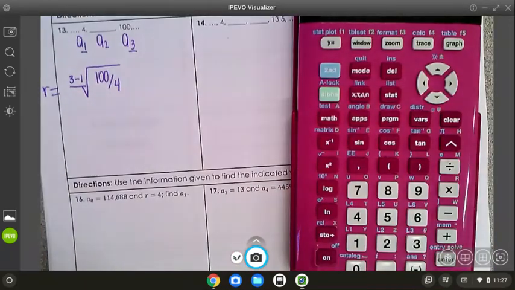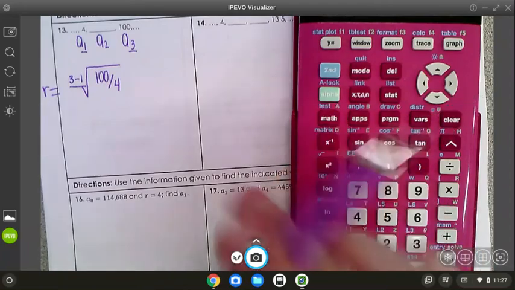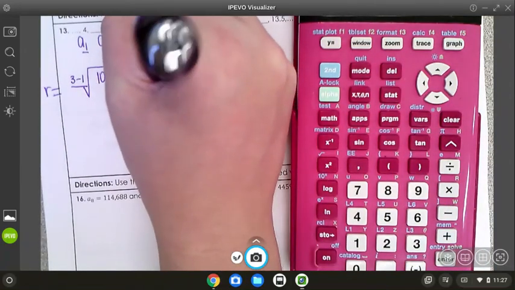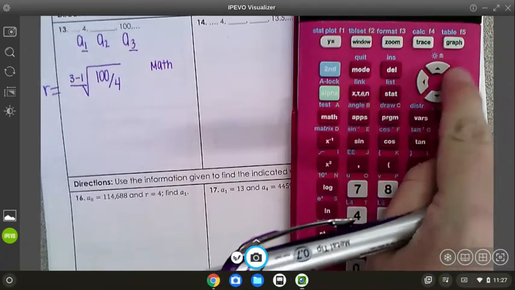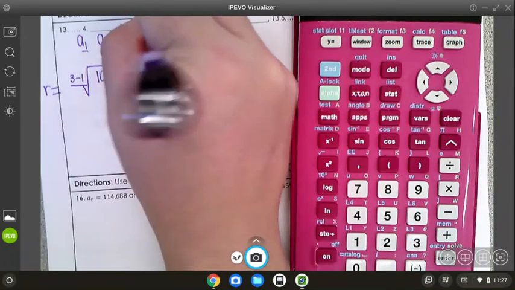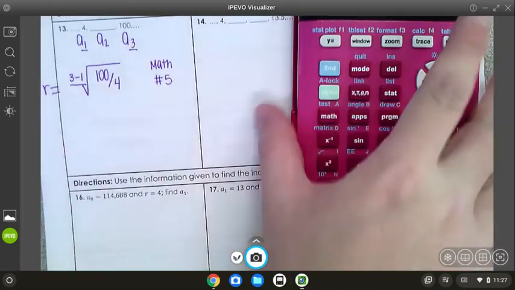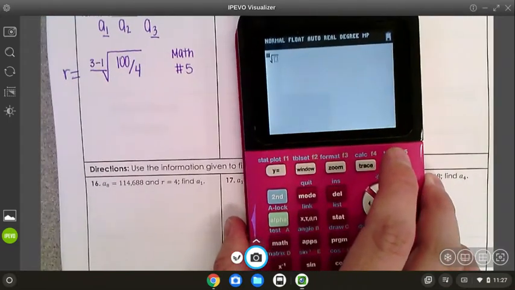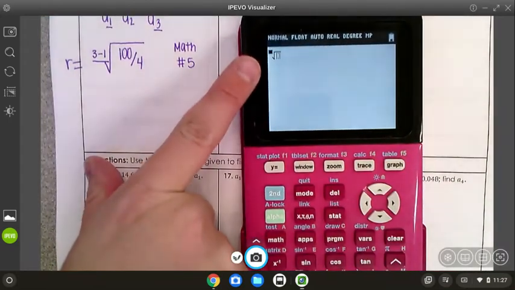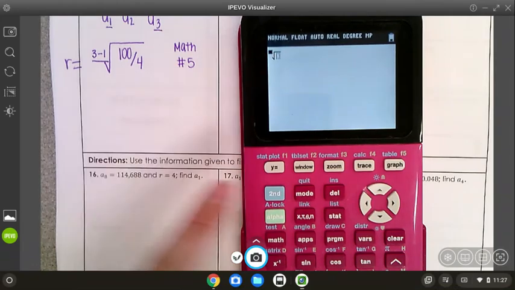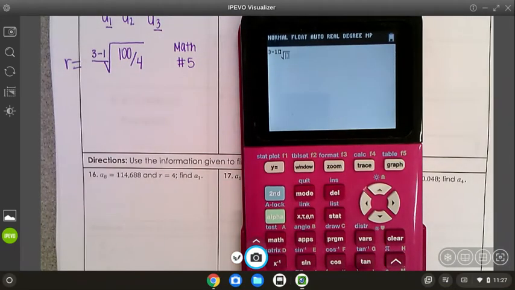So you may want to write down the steps. If we go to math, number 5, that lets us do any root. Oh my goodness, I keep forgetting. Math number 5. That lets us do any root that we want. So we're going to do 3 minus 1.